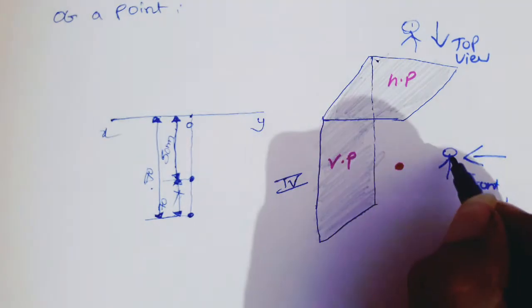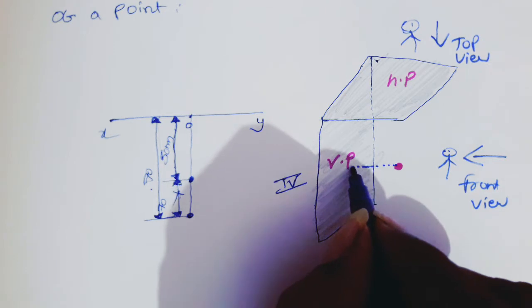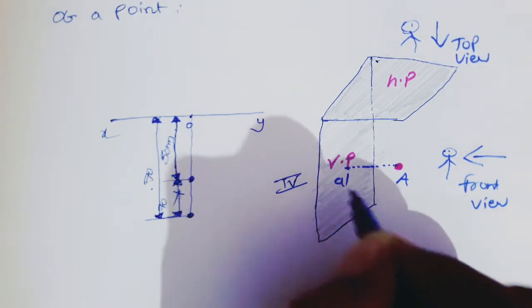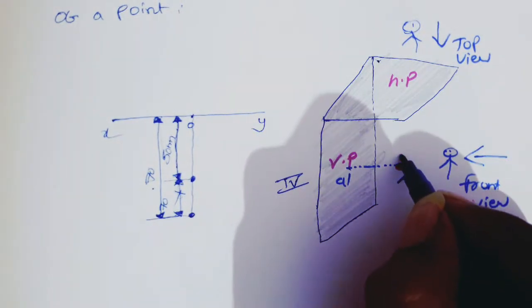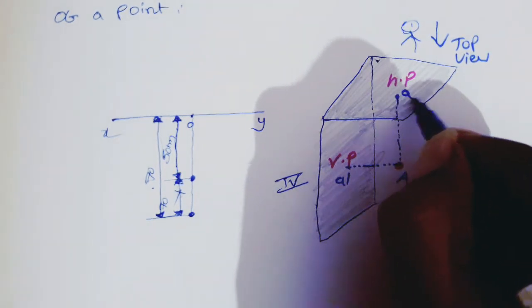See, the rays will be projected directly here. This is A, I am marking as A dash. Next, from the top view, it will project directly here. I am marking as A.